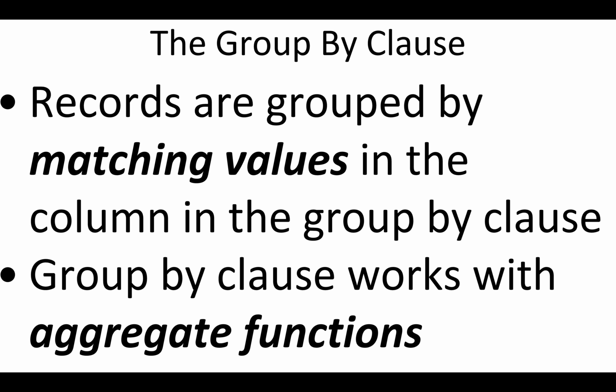That we all belong to a certain group, or we have the same last name, or we're all in the same zip code. There are all different ways of collecting us or grouping us by any one of those fields.